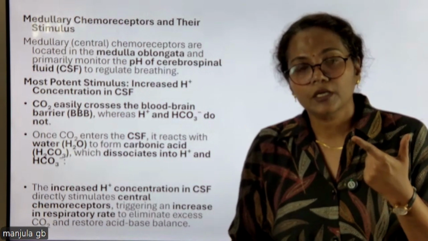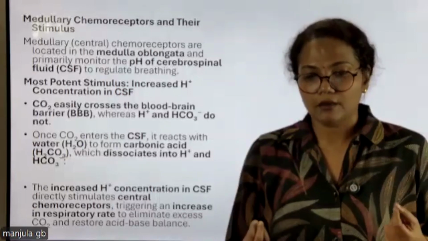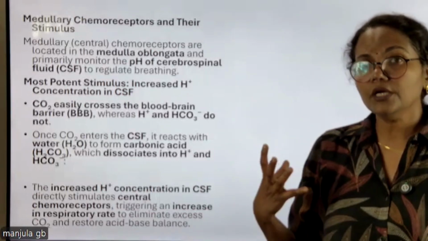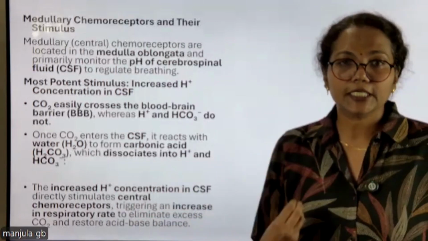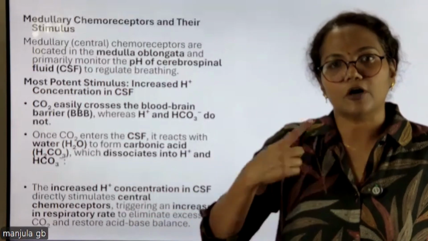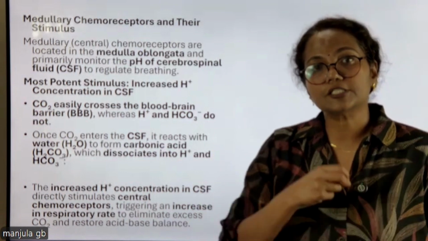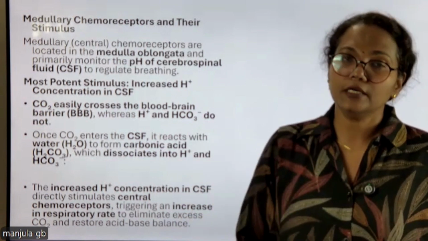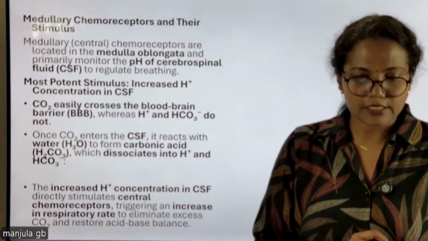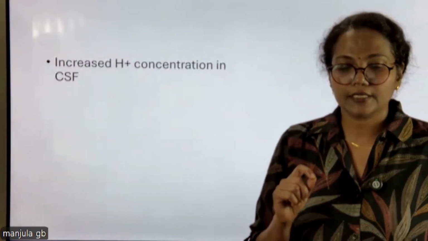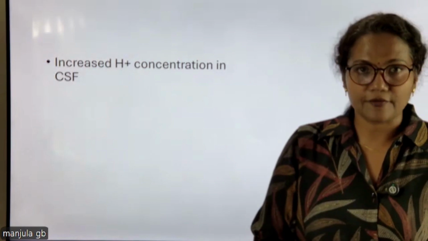When there is more carbon dioxide, more H+ ions form. This stimulates the central chemoreceptors and makes the respirations faster, so that the carbon dioxide is blown out through the lungs. This is how it happens. So the answer is increased H+ ion concentration in the CSF.